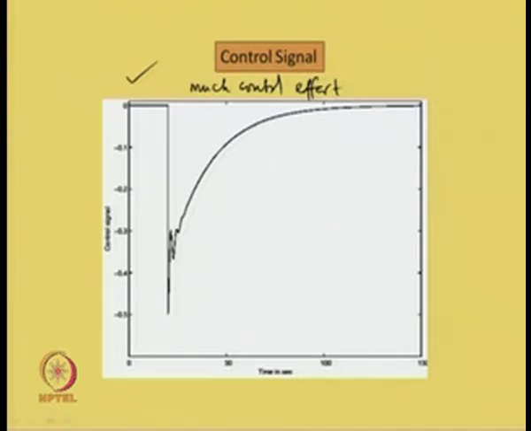So, much control effort is there, because the time taken is very large. You see, to go to the steady state, we take almost more than 100 seconds. So, this is the amount of energy we spent, this is the control effort we spent for the closed loop dynamics. Next, we shall see the impact of measurement noise on the system.